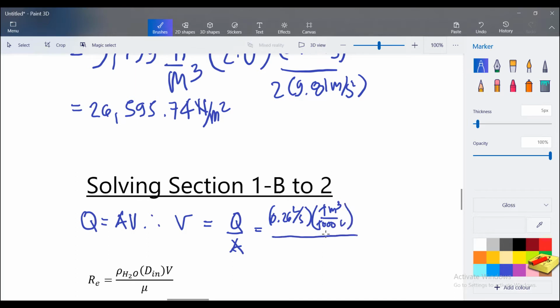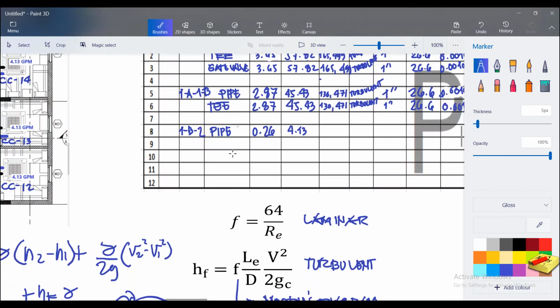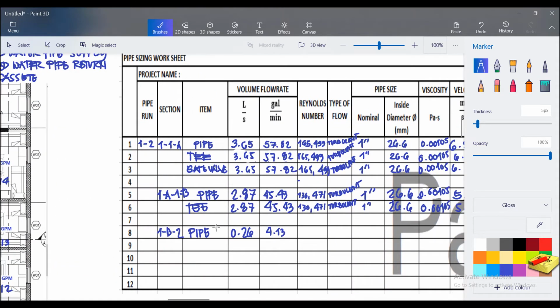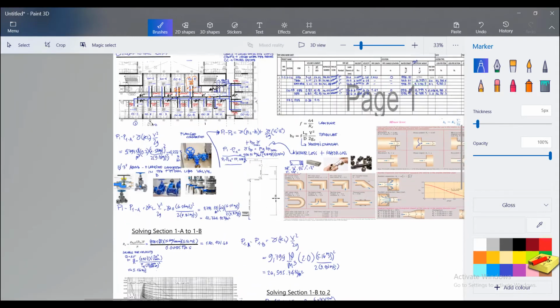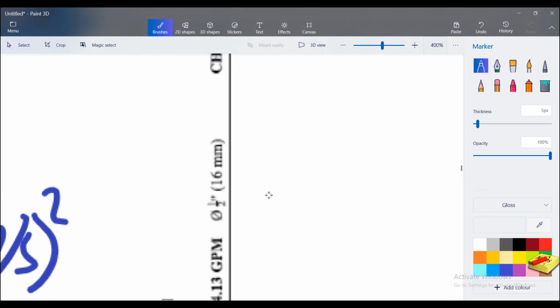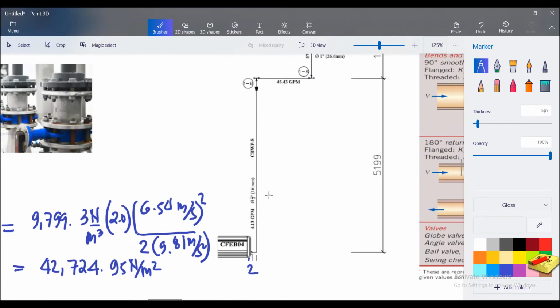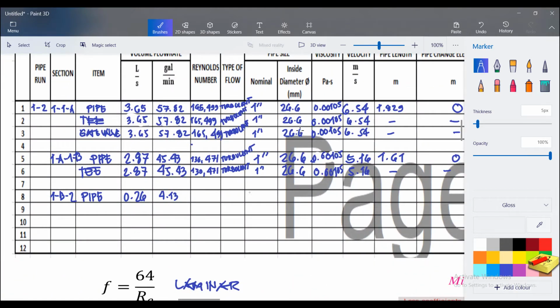Then divided by pi over 4. Then the diameter natin doon ng pipe. So this is already in 1/2 inches. So 16 mm. Okay. So this is nominal niya, we have 1/2 inches.